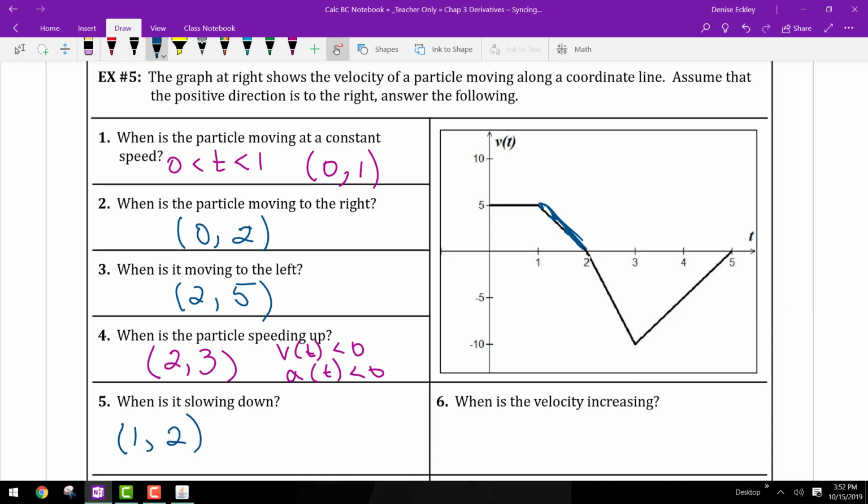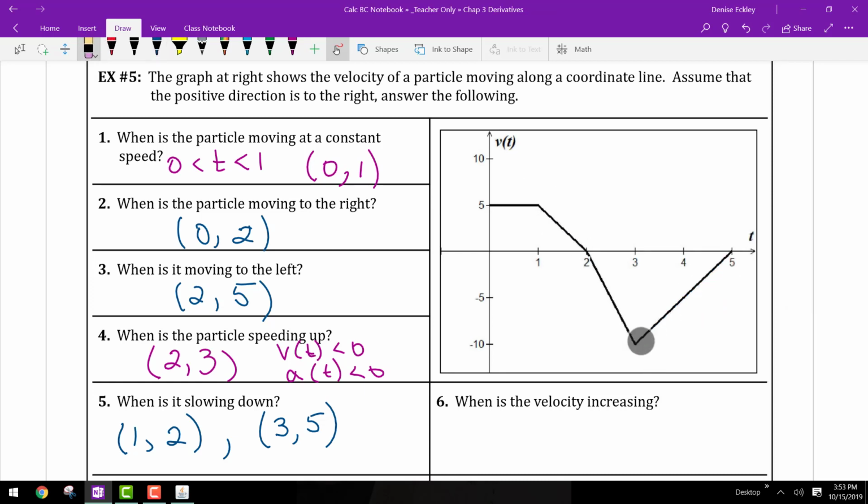And also along this part of the path, because we have a positive slope, so we have positive acceleration, but the velocity itself is negative because we're below the x-axis. So it is also slowing down between 3 and 5. And if you want to get a sense of it, here at these 2 points, the velocity is 0. So it's slowed down to that 0, and again, along this other path, it's slowing down to a velocity of 0.